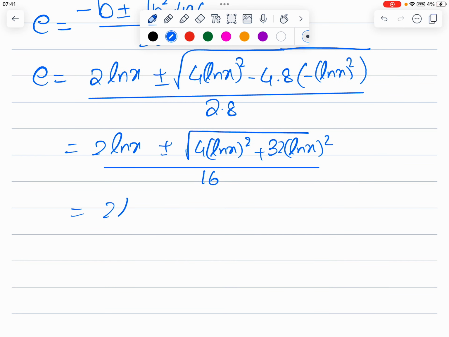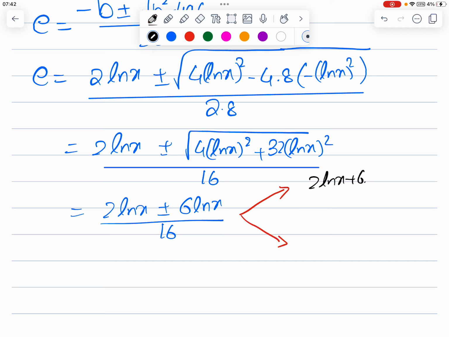36 (ln x)^2 square root is 6 ln x. So plus or minus 6 ln x upon 16. So I take one time plus, one time minus. When I take plus, it becomes 2 ln x plus 6 ln x upon 16. One time I take minus, 2 ln x minus 6 ln x upon 16. So what do I get?